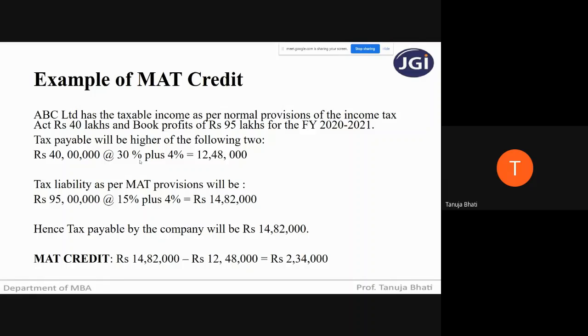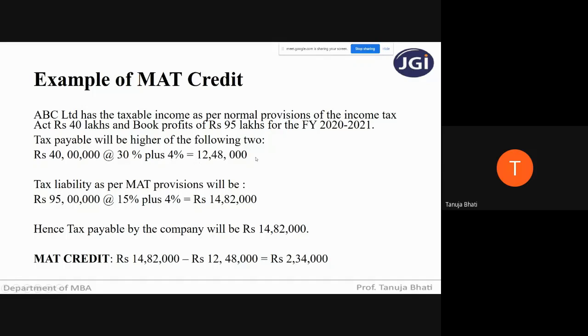The slab rates are applicable for individuals. For a company, it is a flat 30% or flat 25%. So rupees 40 lakhs is the taxable income, on that 30% plus 4% cess. Surcharge will not be applicable, because the income is not exceeding 1 crore. Surcharge is applicable for companies when their income is exceeding 1 crore. So 40 lakhs into 30% plus 4% health and education cess.